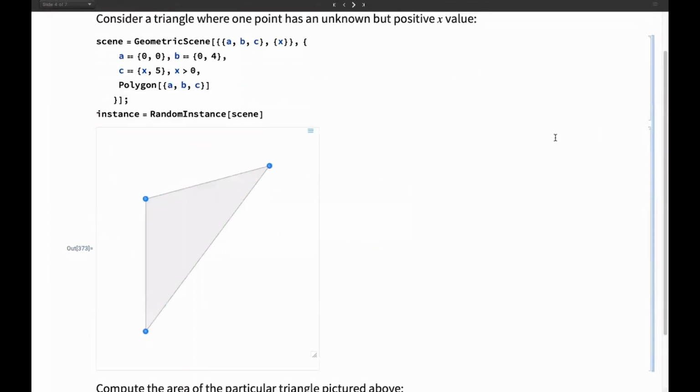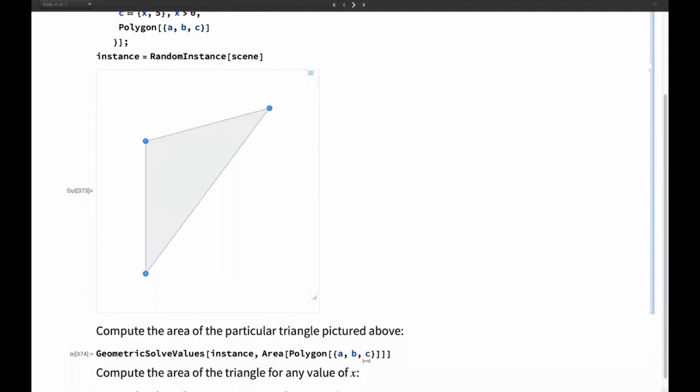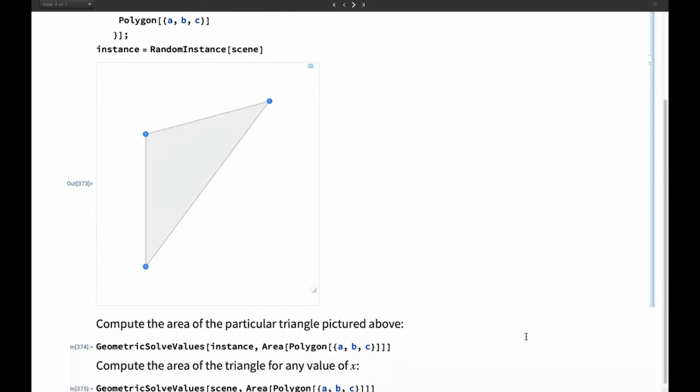So let's visualize this. Our point C here has x value x and y value 5, and we are interested in the area of this triangle ABC.